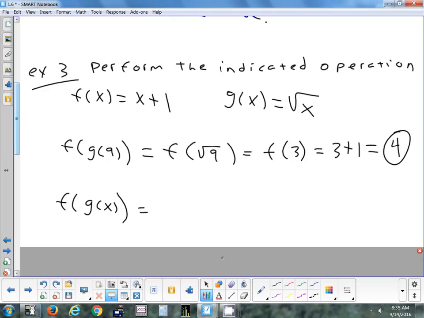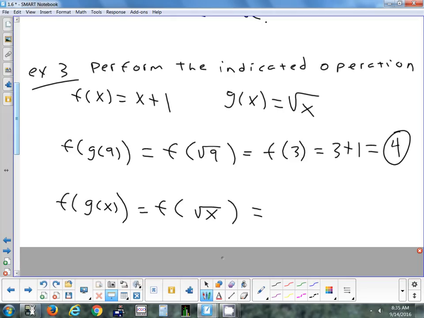All right, now let's do it with f of g of x. So what am I finding here? F of what? F of the square root of x. That's g of x.